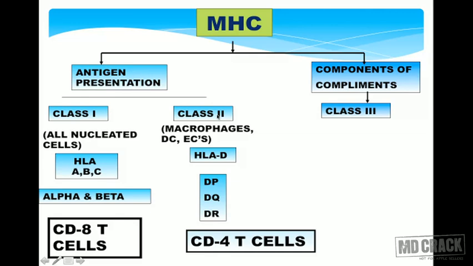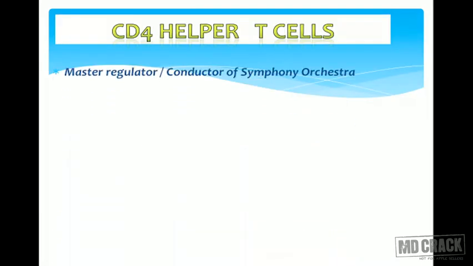Class 2 MHC molecules are expressed mainly over the macrophages, dendritic cells and other epithelial cells. A subset of class 2 is the HLA-D, which has a very important role: DP, DQ, DR. A lot of disorders have been described with a defect or a deficiency of these class 2 molecules. Class 2 MHC molecules classically will be recognized by CD4 T lymphocytes. So this is a summary of the MHC class molecules.